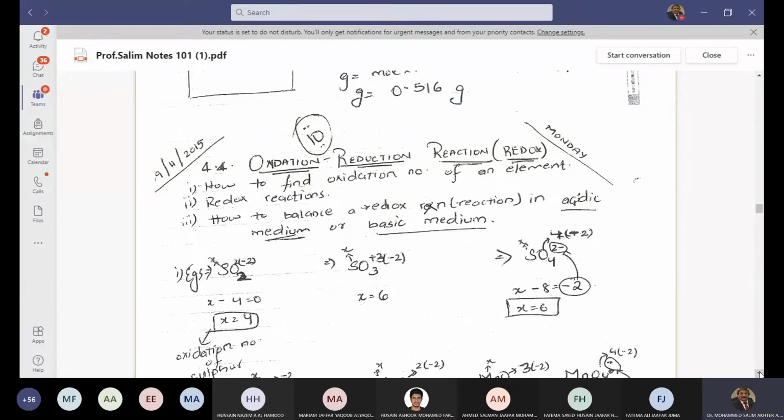My friend, this is the word: oxidation, reduction, reaction. A very simple statement.